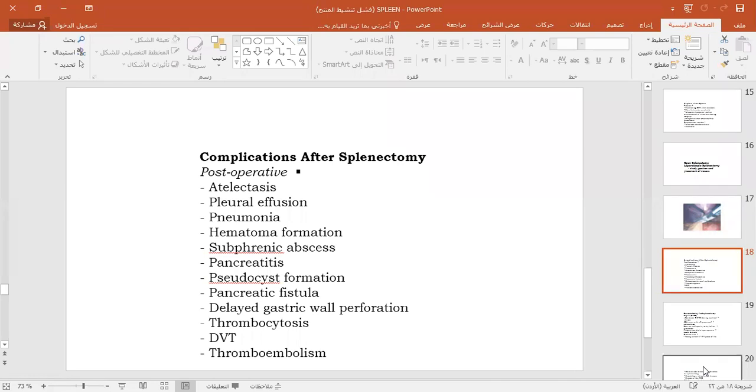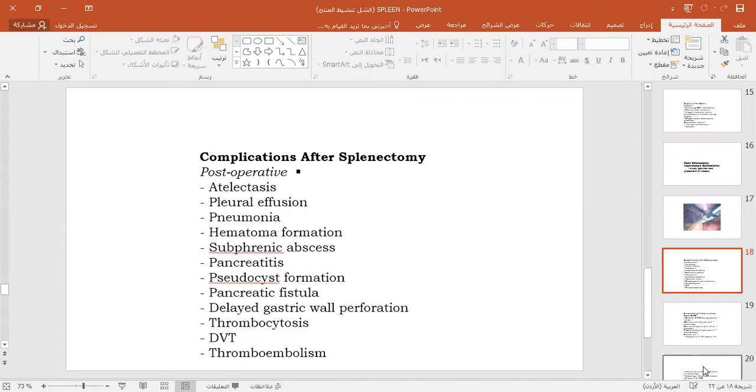Delayed gastric wall perforation, and we said delayed because the greater curvature of the stomach is usually supplied by the short gastric vessels. When we ligate the splenic artery and the short gastric vessels, it may lead to ischemia of the greater curvature, and the ischemia may cause delayed gastric wall perforation.